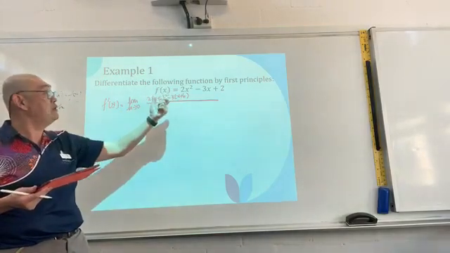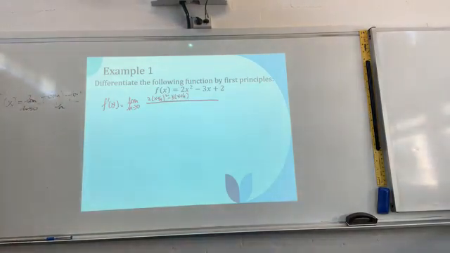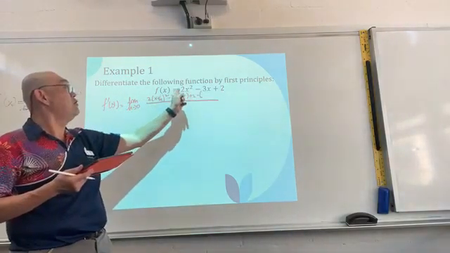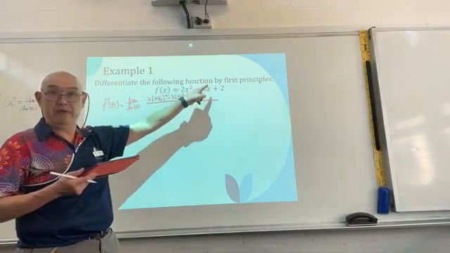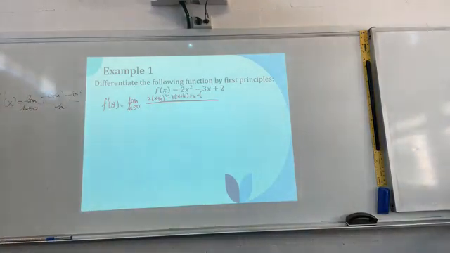So when you substitute in x with x plus h, always remember to put the bracket in. Plus 2. Now, when you take away f(x), my suggestion, always put a bracket so that you know this will be negative, this will be positive, that will be negative. Always remember the bracket is so important. 2x squared minus 3x plus 2. All right? Over h.